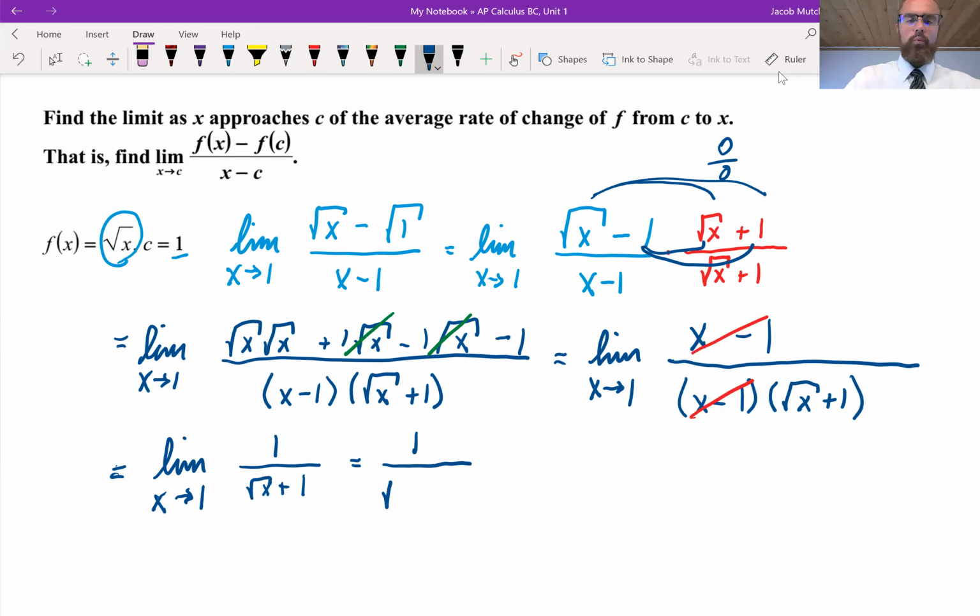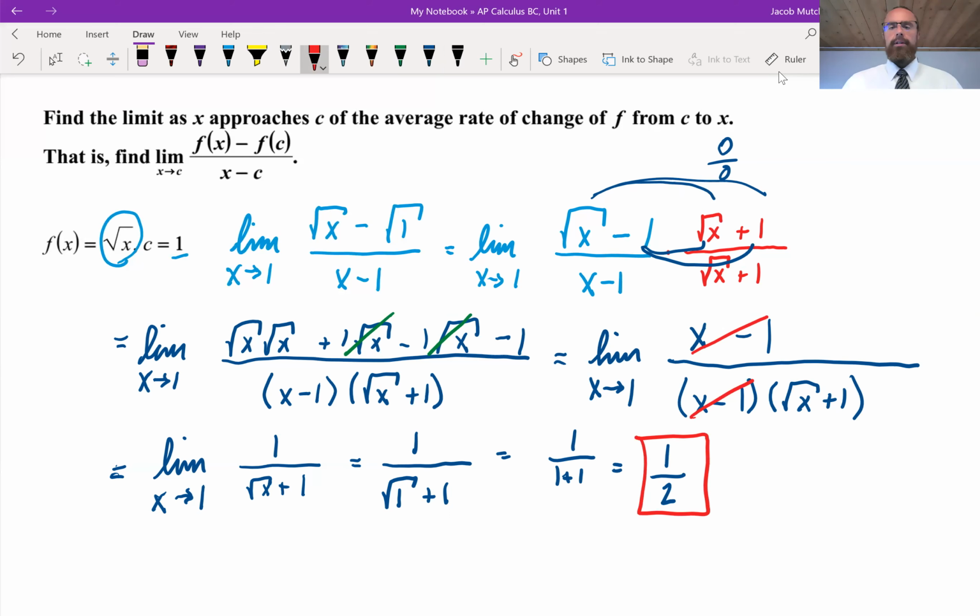X was approaching 1, plus 1. So square root of 1 is 1, so that's 1 over 1 plus 1, which is 1/2. And that completes our expression, calculating our limit as x approaches 1.